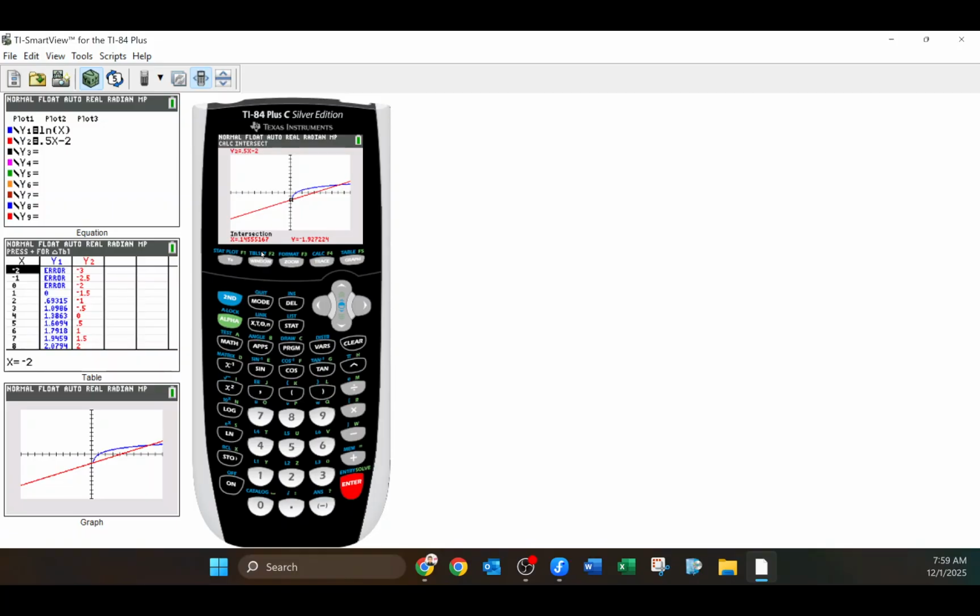Okay, so my calculator just found an answer. It found a value. It calculated a value. What you can do is exit out of here, so press second quit, and you can store that answer as, I'm going to store it as A. So alpha A. And you should see that value pop up.